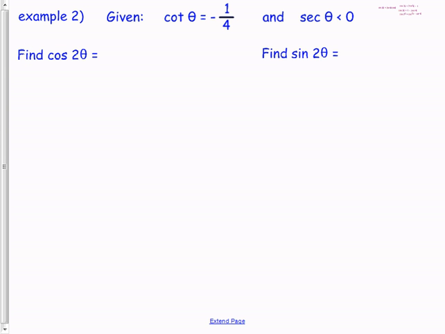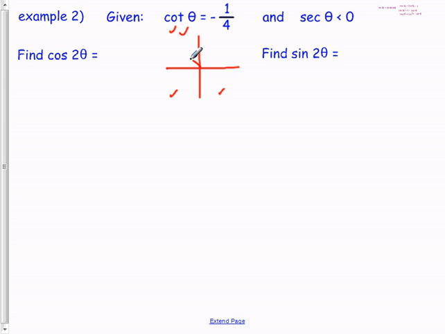Alright, now you're given a cotangent that is -1/4 and secant of theta is less than 0. So what we have to do is we have to figure out where our picture should go. So we know cotangent is negative in 2 and 4 from all students take calculus. Secant and cosine are negative in 2 and 3.